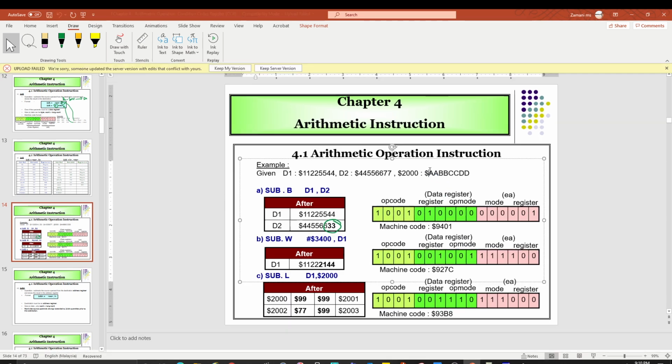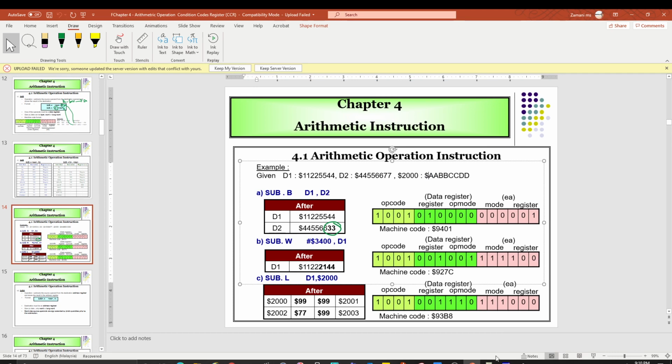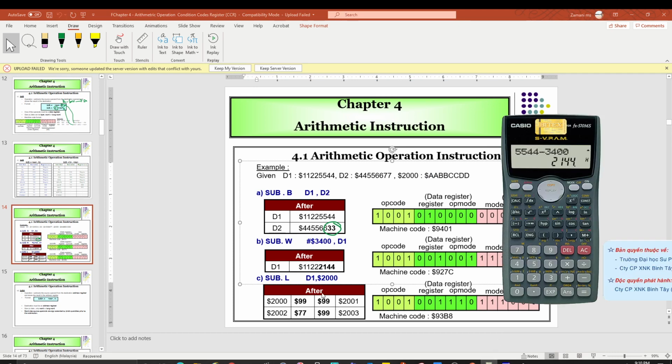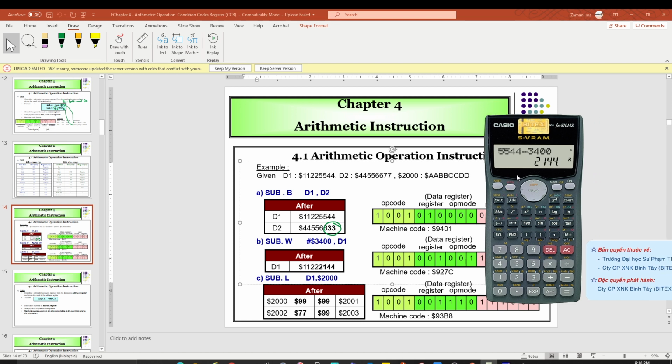Long word means you have to take everything from 2000, AA, BB, CC, DD, and then you have to subtract D1, the data register 1, 11225544. Let's try to subtract that one, AA, BB, CC, DD minus 11225544, and the answer is 99997799. Remember that each of the memory is only 8-bit in size. That's why you only have 2 digits for the hexa over here.